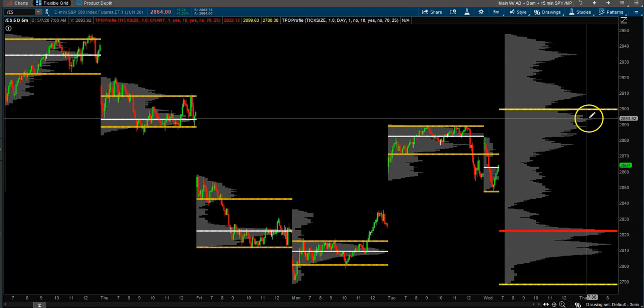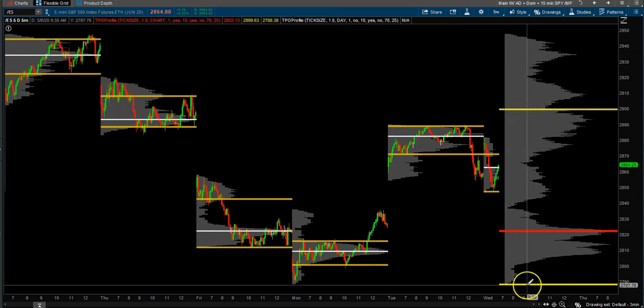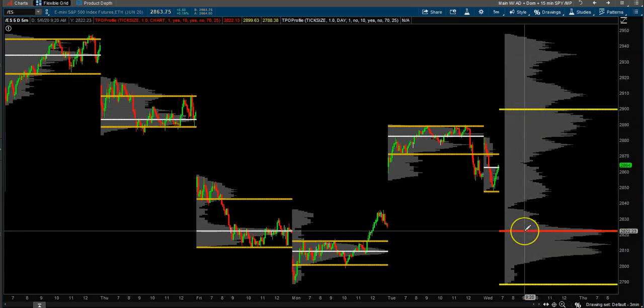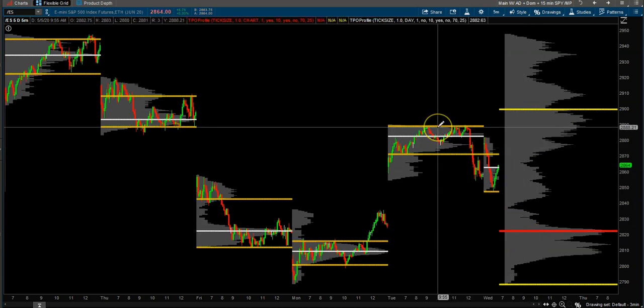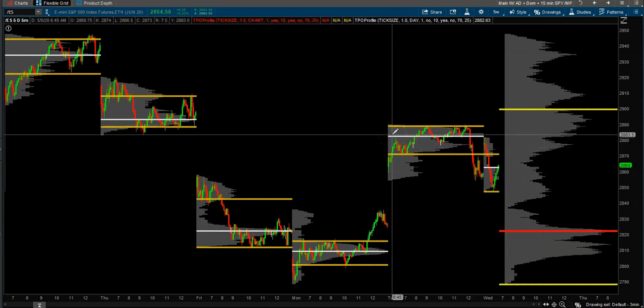Over on the bigger side we have value area high, value area low, and then the point of control. So what exactly is the value area high and low, and how should you perceive it and look for trade setups with being able to trade them?